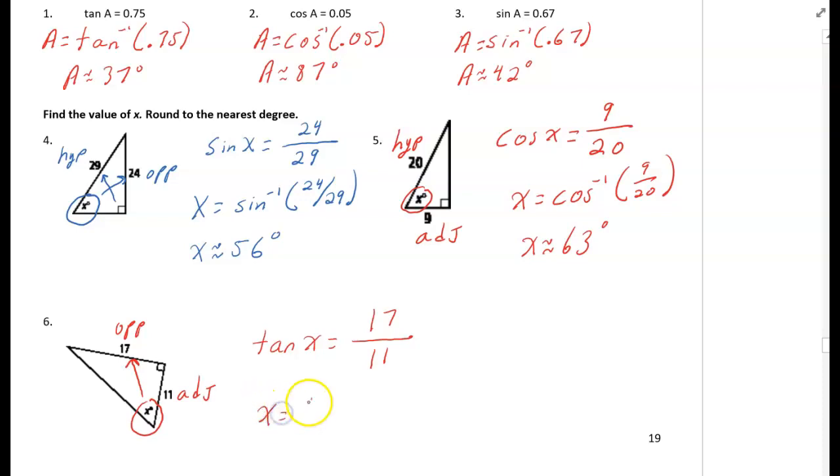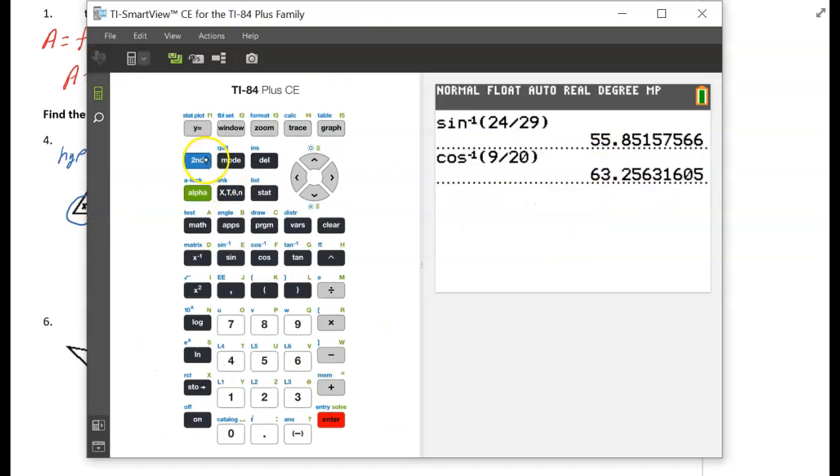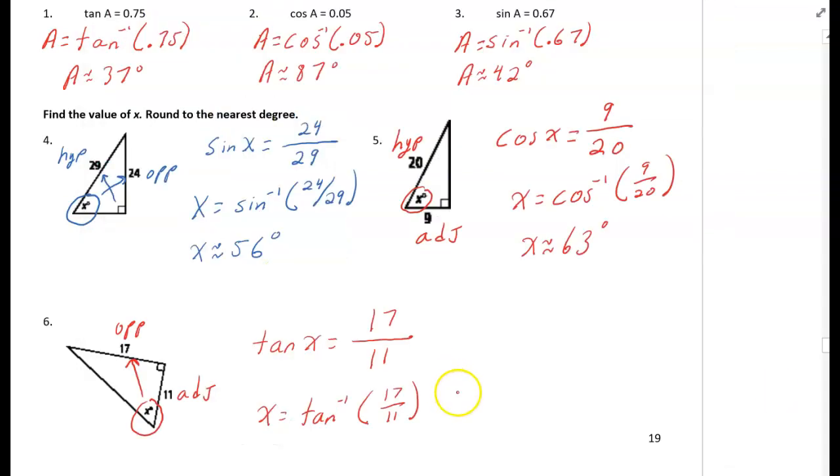So x is equal to inverse tangent 17 over 11. Doing that on my calculator, inverse tangent, 17 divided by 11, gives me the angle approximately 57 degrees. So x is approximately 57 degrees.